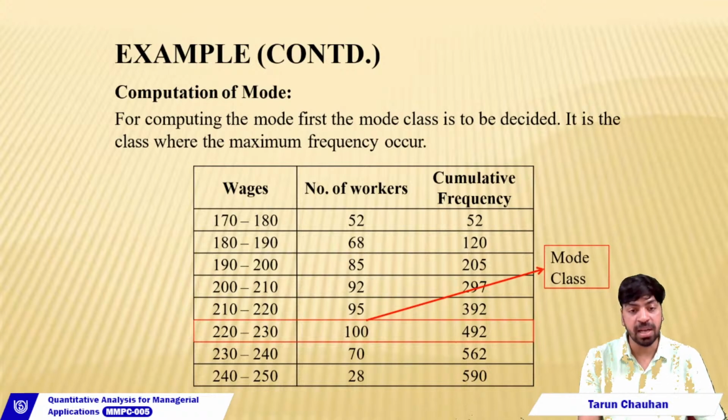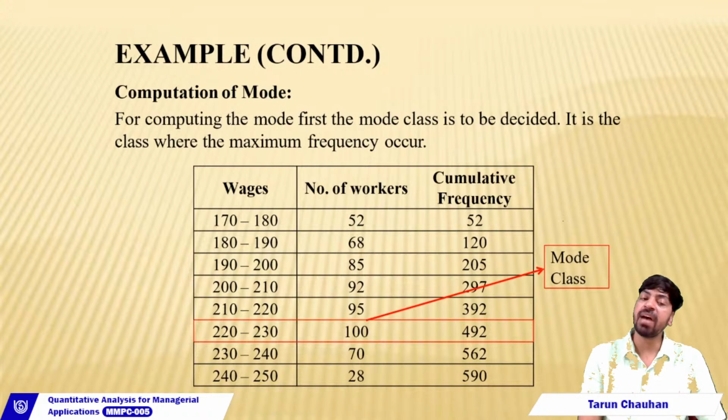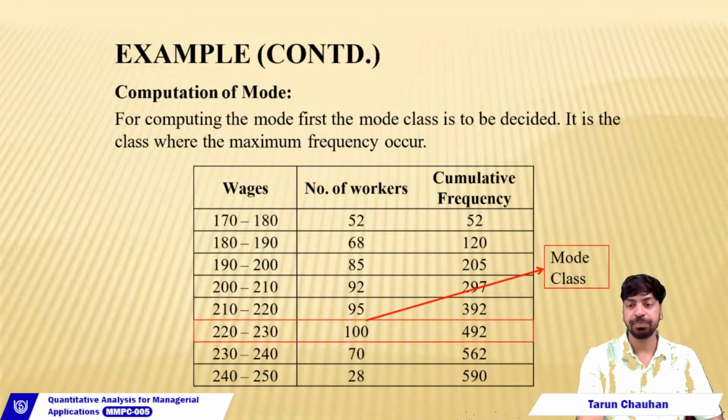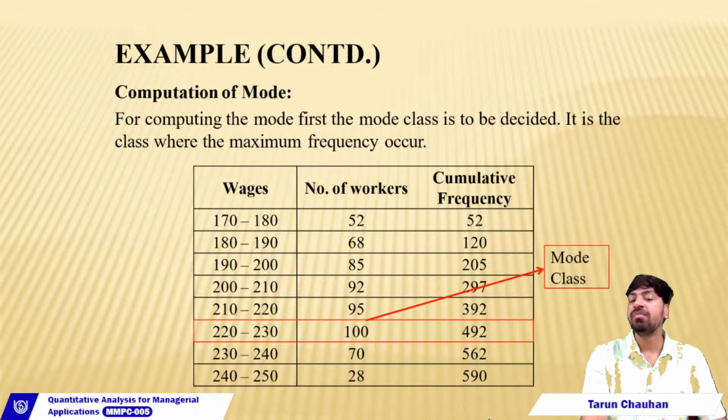And what would be the class interval? That is wages, easily calculated, that is 220 to 230. That is the class interval found to calculate the mode.